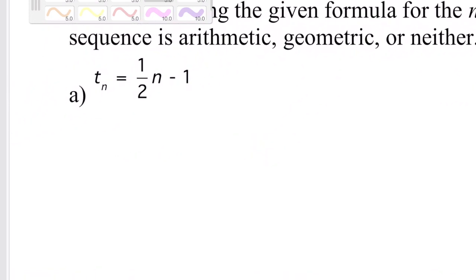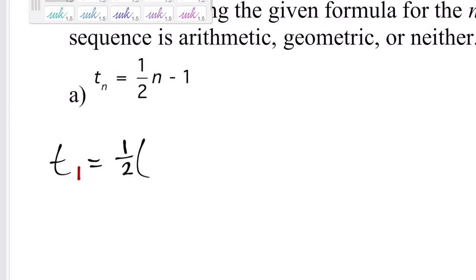Not me. All right, so we've got t sub 1, and that means I'm plugging in 1 for my n. So instead of my n, I have a 1. And then minus 1. So 1/2 times 1 will give me 1/2, and then 1/2 minus 1 will give me negative 1/2. And then I'm going to be plugging in 2.